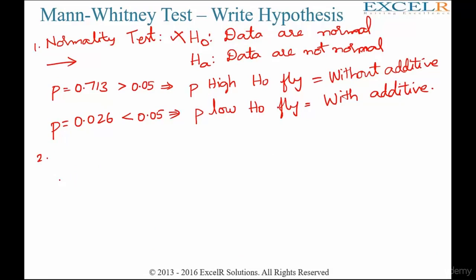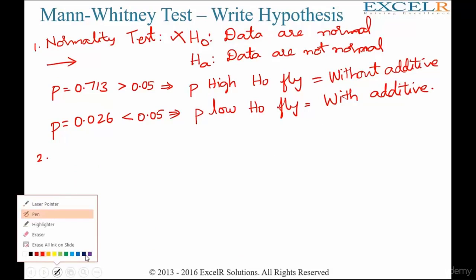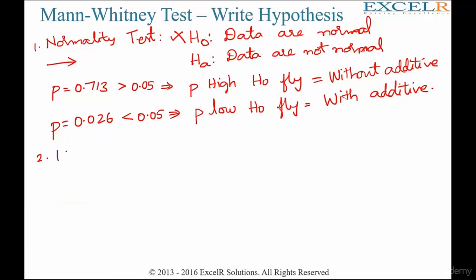Second step is we need to perform the Mann-Whitney test. Here also we need to write null and alternate hypothesis. Now, this is all about a test for medians.